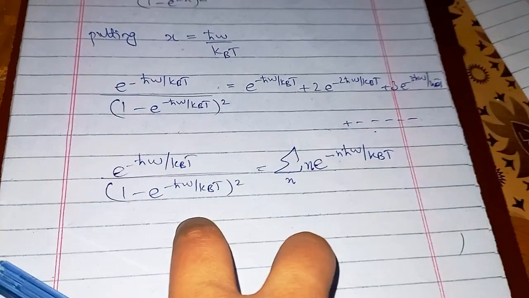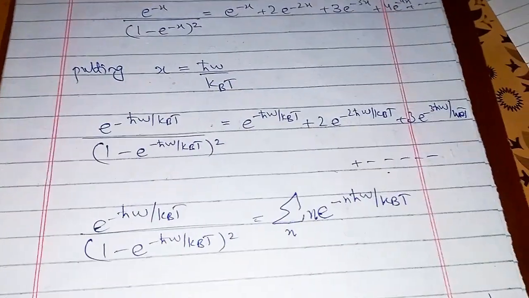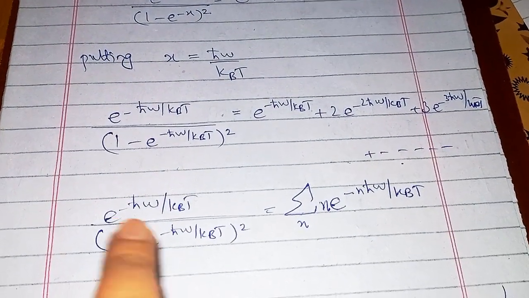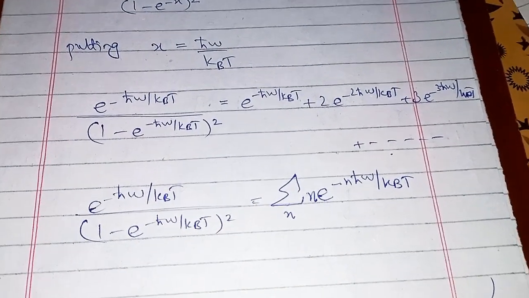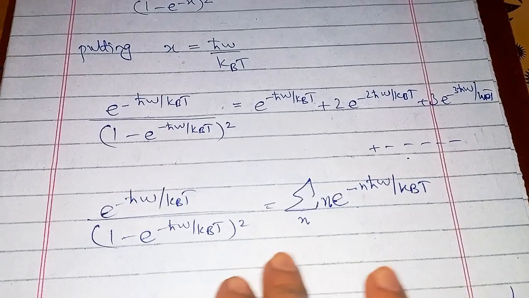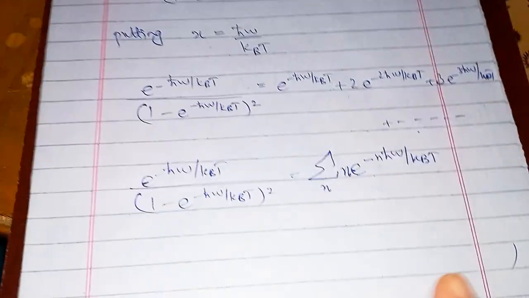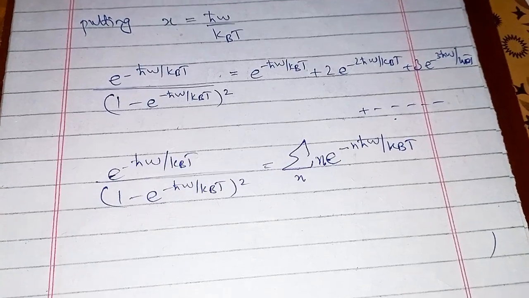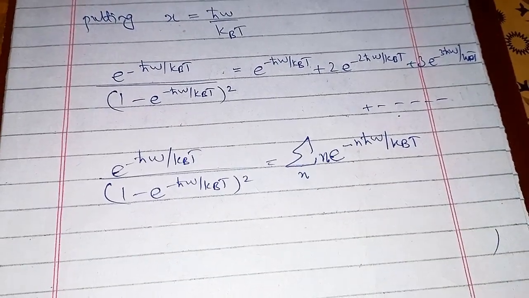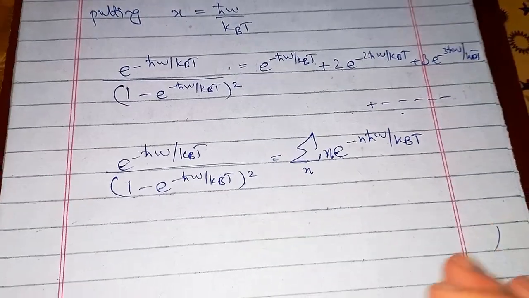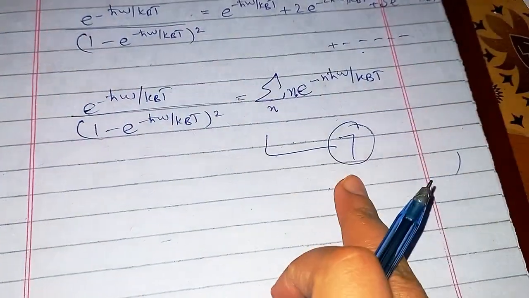Okay, so I did the whole thing just to make sure you know how we got this result, and you should know it because you can't remember every result every time. You should know how to derive them. All right, so now let's put these values. Let's call it 7.